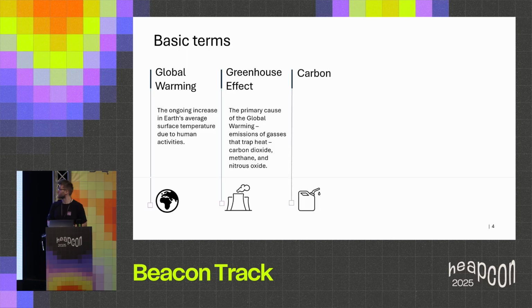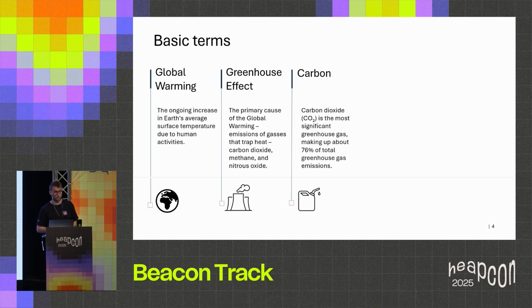Next up, we have another term, carbon, and this term often derives all of the greenhouse gases. And why carbon? Because it's the most present one in the atmosphere, up to 76% of total greenhouse gases emissions.